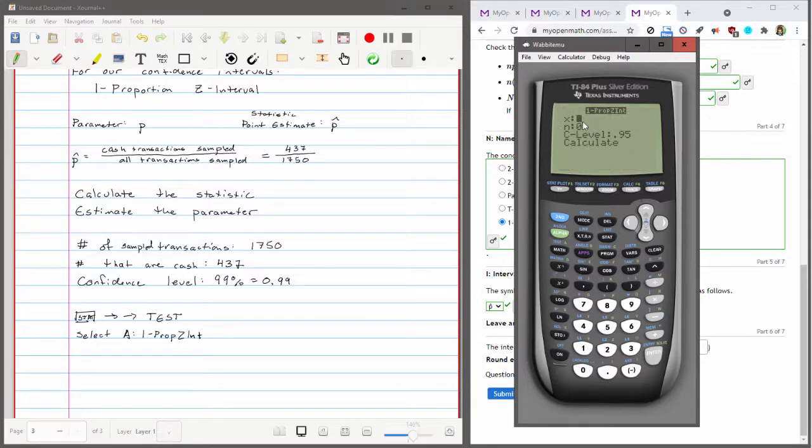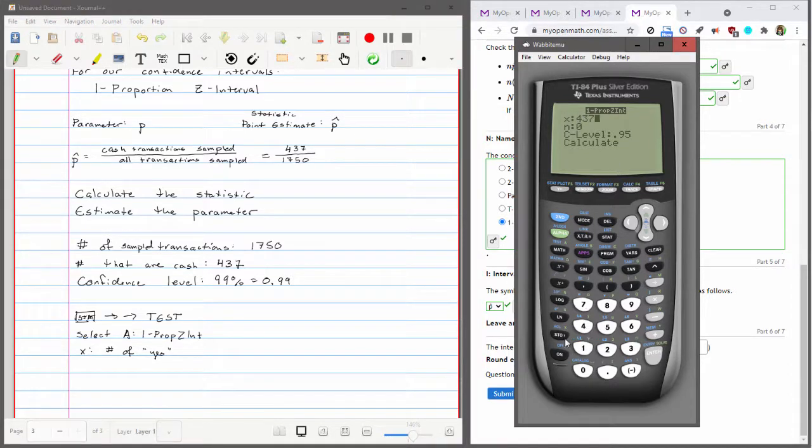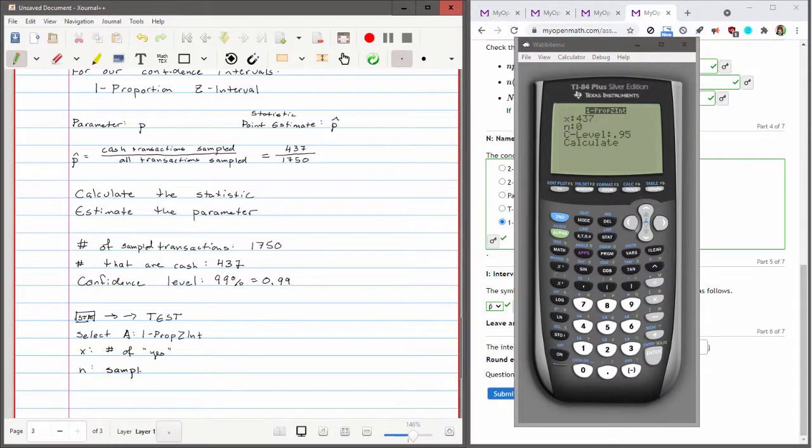So this is asking us for x. That's our number of yes answers. So that's our 437 in this problem. N, that's our sample size. So that's our 1750 in this problem.